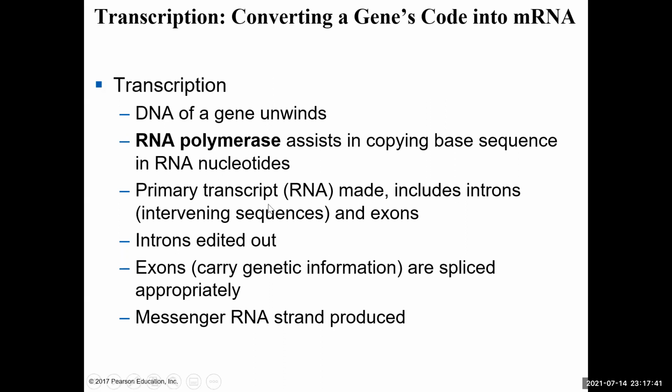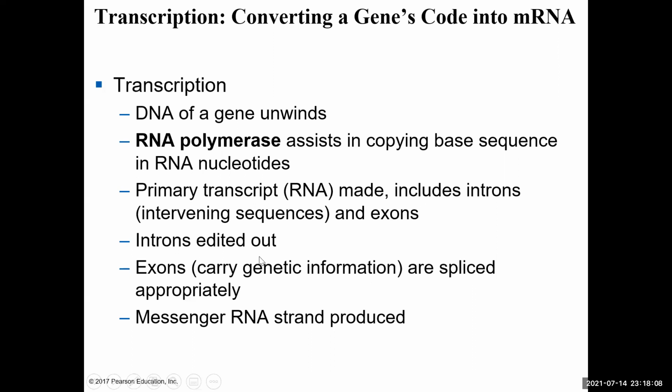The primary transcript, that primary RNA that's made, includes segments that are known as introns and exons. Introns are these intervening sequences. They basically don't carry instructions for making proteins. The exons are the segments of the DNA that are carrying that genetic information.